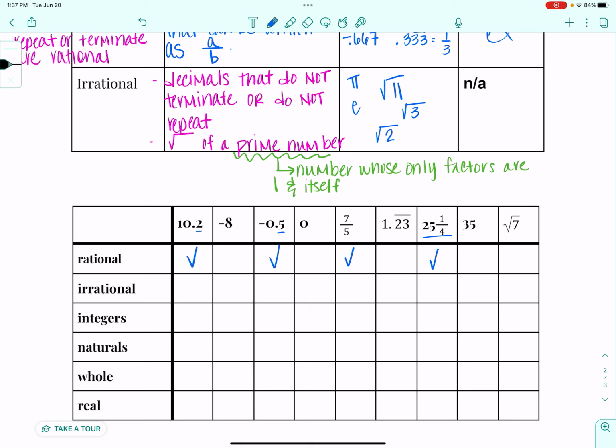The decimals that repeat, well, remember the bar over two numbers means that those two numbers are going to repeat. So this would be 1.232323 until you run out of breath. Now this also includes the whole numbers because we could put our whole numbers over 1 and create fractions out of them. So we have to include the -8 and the 0 and the 35. That covers all of our rational numbers.